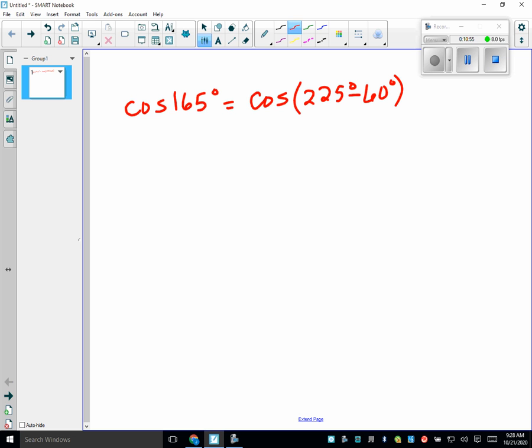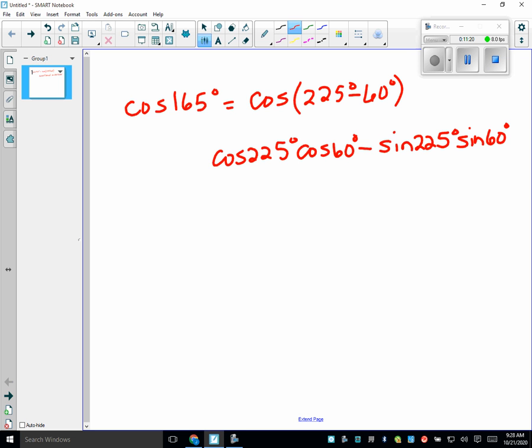We just plug in, because it's exact. So this is cosine 225 cosine 60 minus sine 225 sine 60.